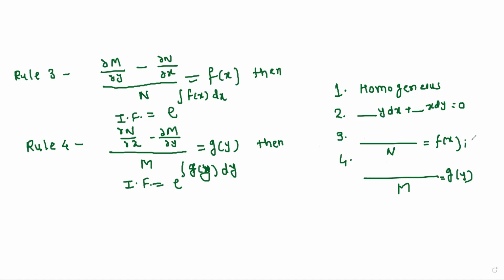And then the integrating factor will be e raised to the integration of f of x dx. And here the integrating factor will be e raised to the integration of g of y dy. So in this way, you can identify the pattern of the example and accordingly use the rule for finding the integrating factor.